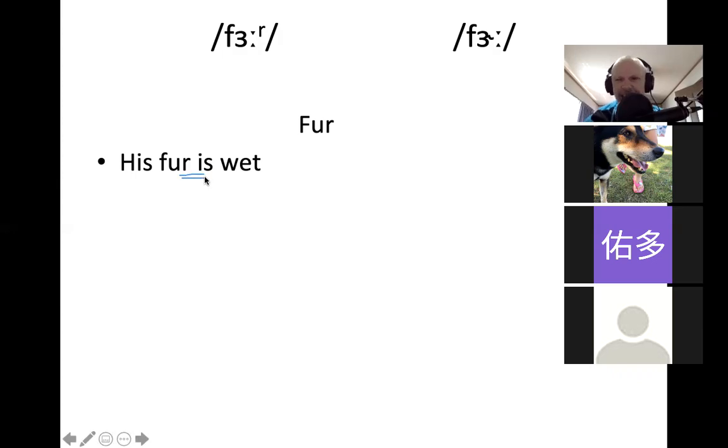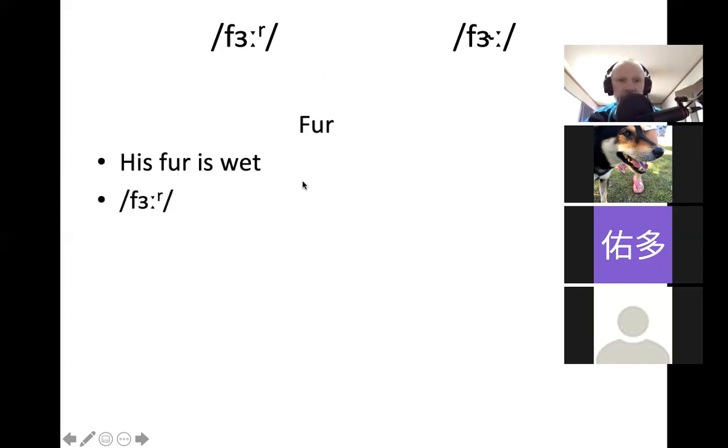It doesn't really matter. You could say his fur is wet, right? You don't get it, but it sounds a bit funny. That's kind of all right. But usually you hear his fur is wet when it's followed by a vowel in British English. Okay? So that's basically that.